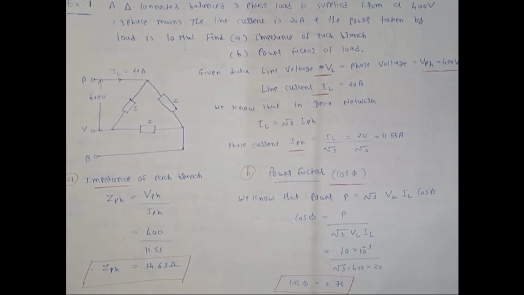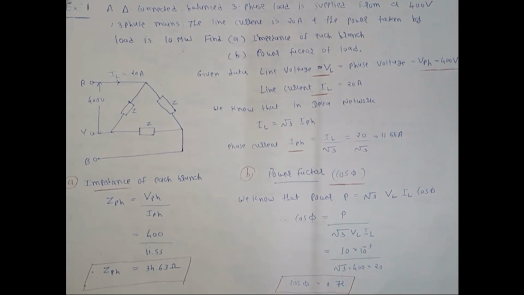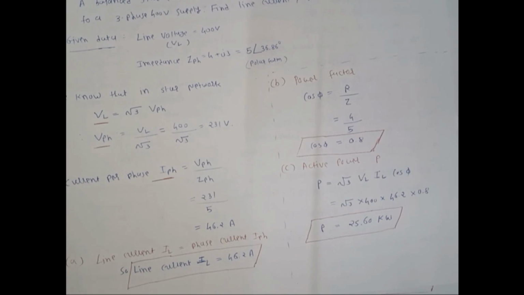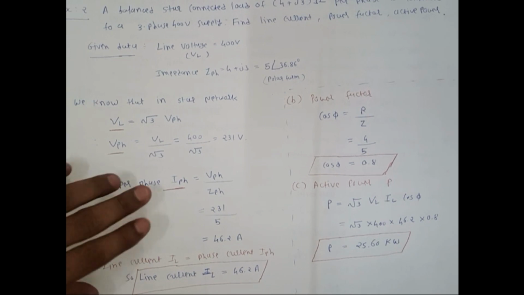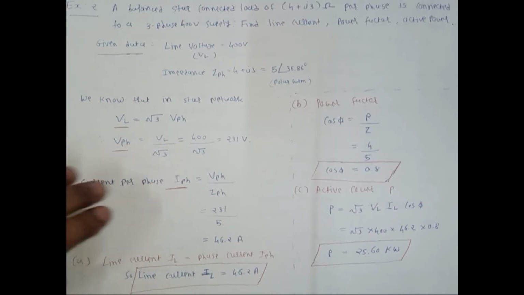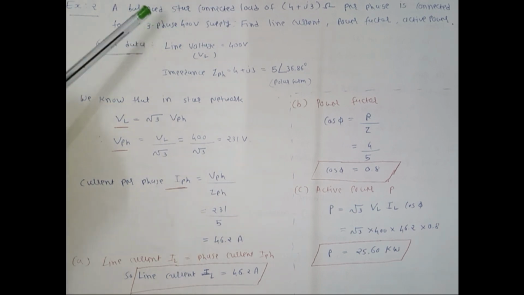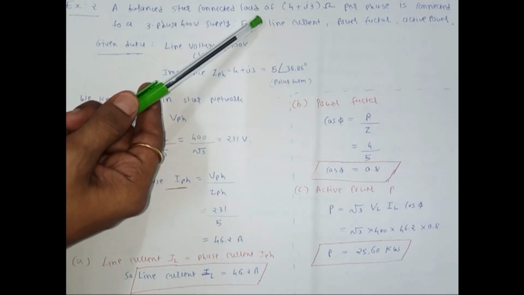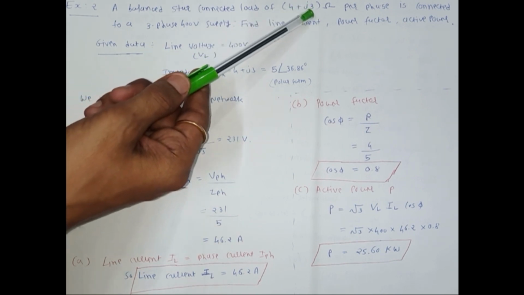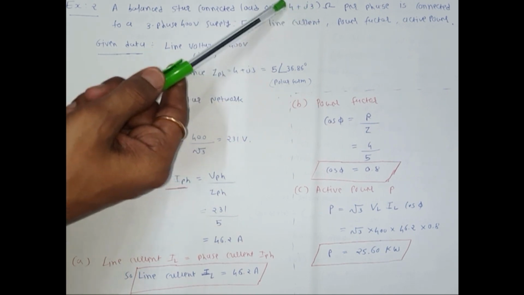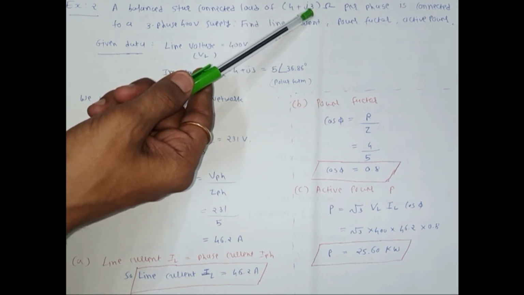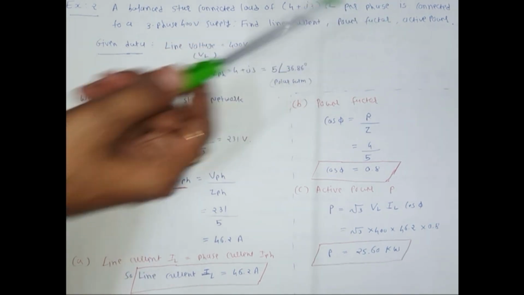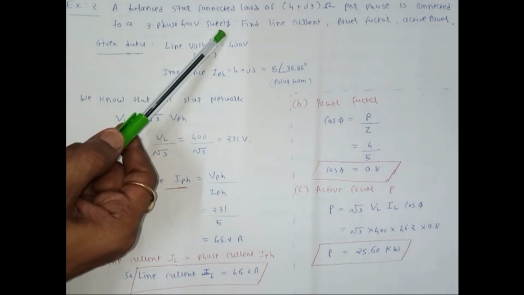Okay. Next is the second example. A balanced star connected load of 4 plus j3, where 4 is the real part of the impedance and 3 is the imaginary part, per phase is connected to a 3-phase 400 volt supply.